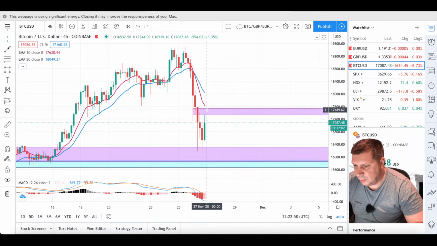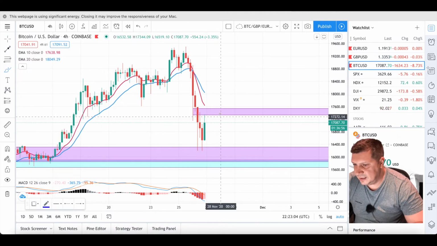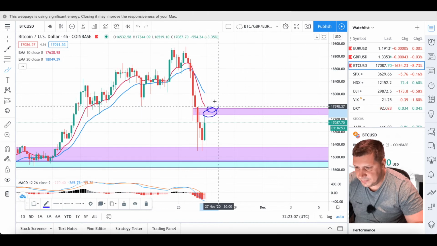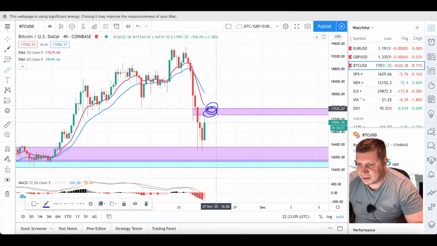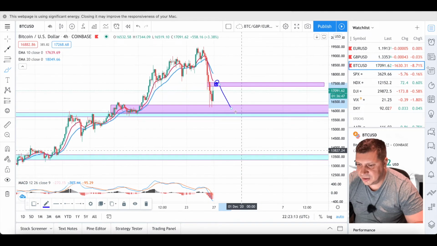So when the market comes back to here, we can go risk free, and basically in this area we can start selling our Bitcoin risk free all the way to 31% right here.